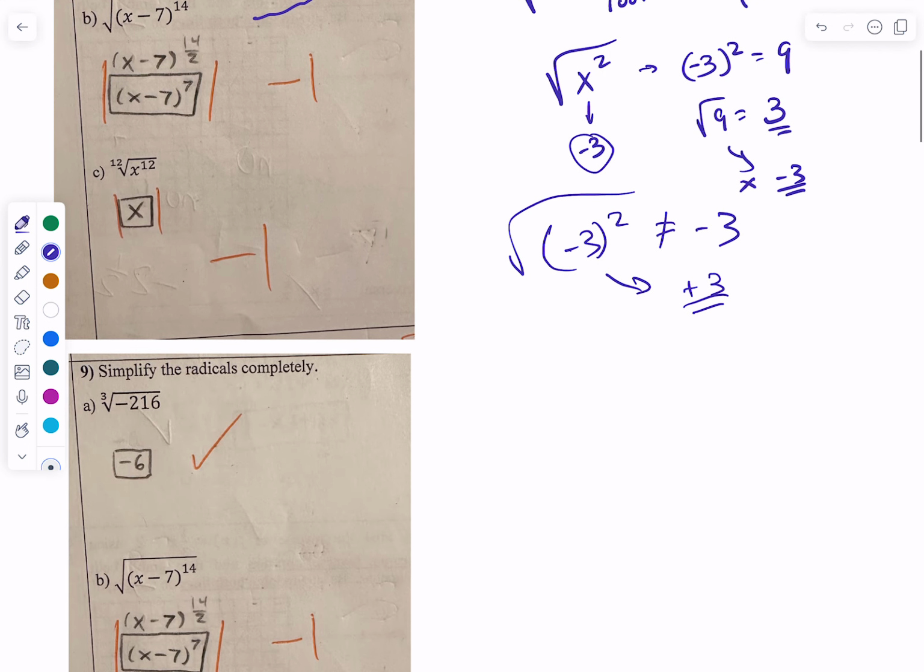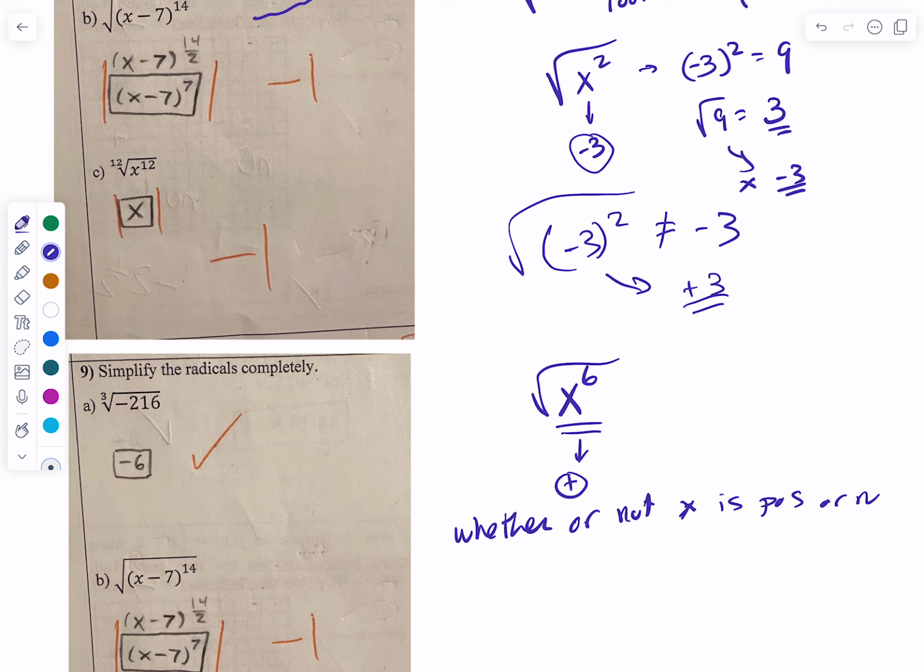If I take the square root of x to the 6th, this number is always positive. Whether x is positive or negative, x to the 6th is always positive.